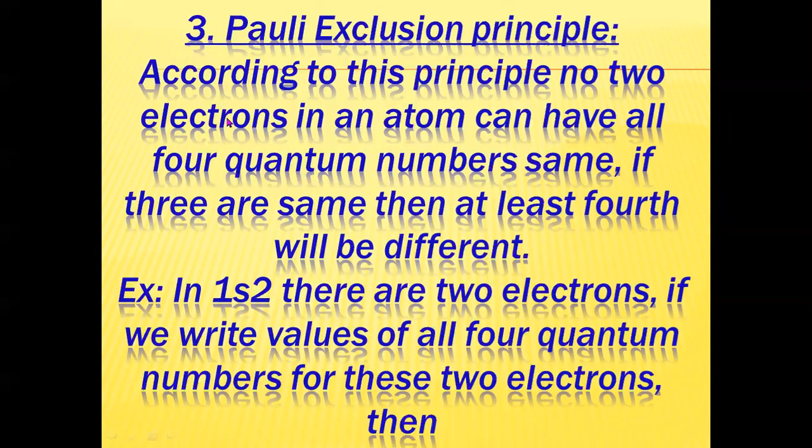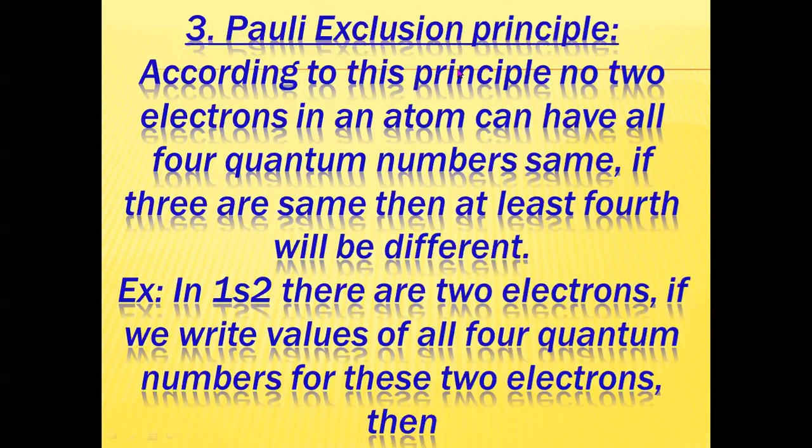Principal quantum number n, azimuthal quantum number L, magnetic quantum number m, and spin quantum number s. The values for all those four quantum numbers for any two electrons cannot be the same. If three have the same values, then the fourth quantum number at least should have a different value.